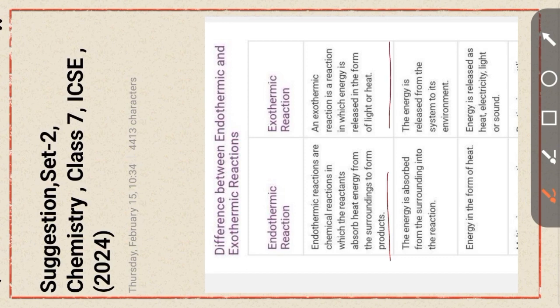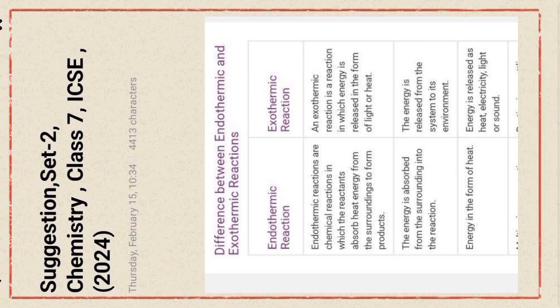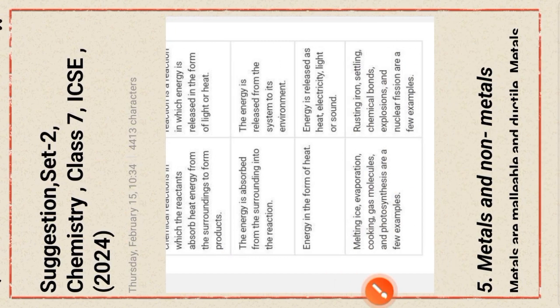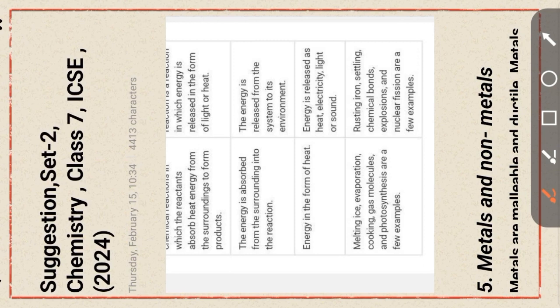In endothermic reactions, the energy is absorbed from the surroundings into the reaction, but in exothermic reactions, the energy is released from the system to its environment. Endothermic is energy in the form of heat, but exothermic energy is released as heat, electricity, light, or sound.